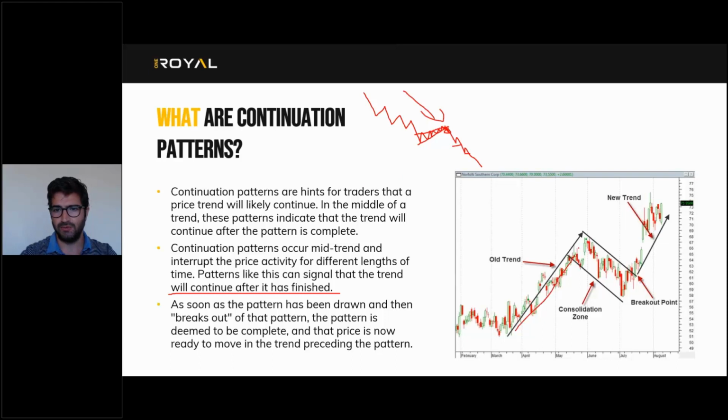When the market is moving to the upside, it entered into a bullish flag. After the breakout, the market continued to the upside. So once you see this pattern, you have an idea that most probably the market will continue after it, to the upside in the same direction of the main trend. This is the main direction.